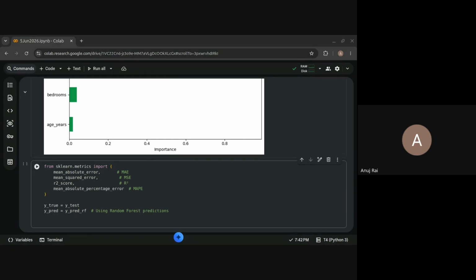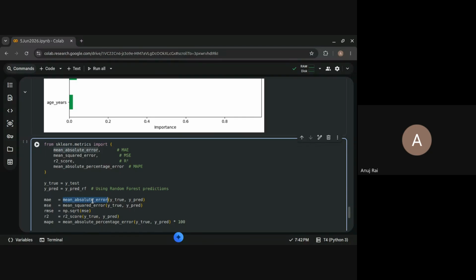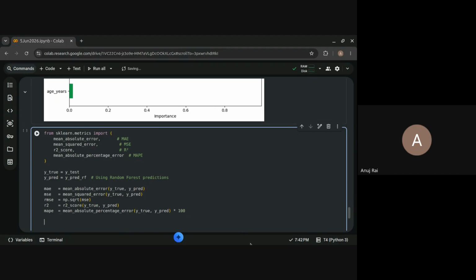So here, in order to find the error using the different methods: mean absolute error, mean squared error, and root mean square error, which is just the square root of MSE, then R2 score, and then mean absolute percentage error. So these are all different kinds of regression metrics.